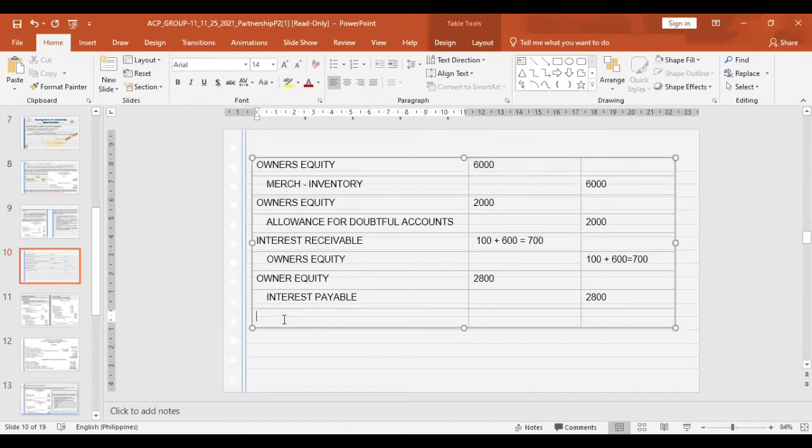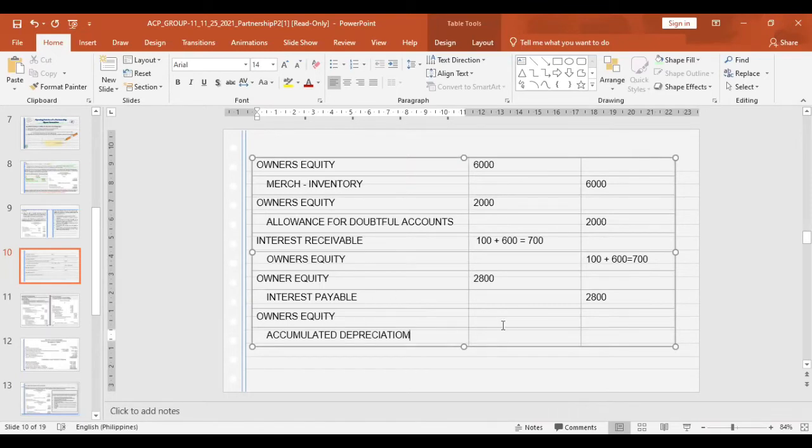So, i-record natin doon. Owner. So, ayan. Kasi possible na nag-depreciate na yung furniture and fixtures mo. So, i-record mo siya as accumulated depreciation. Ayan. Na 8,000.